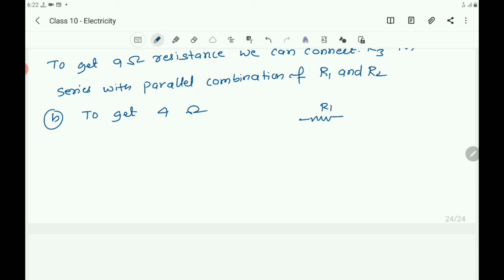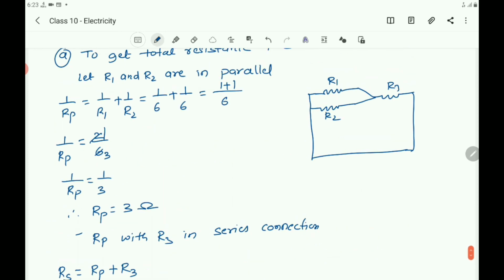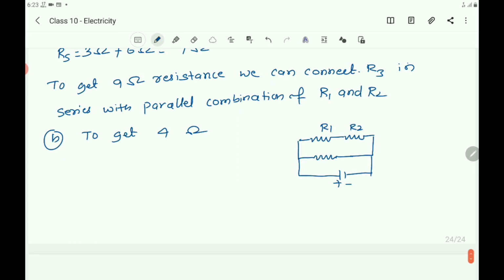This is R1, and let us connect one more resistor R2 in series with R1, and next connect that in parallel with R3. The cell connection, plus and minus, must also be shown here.